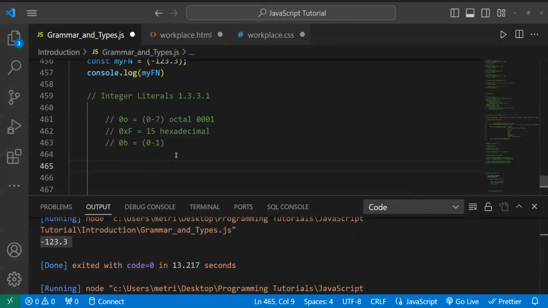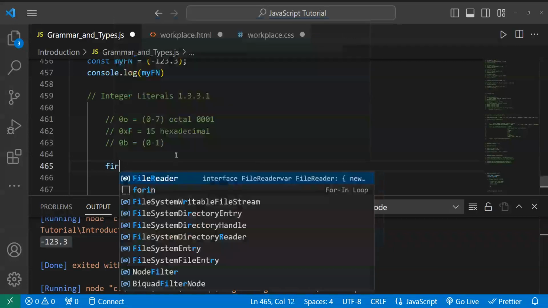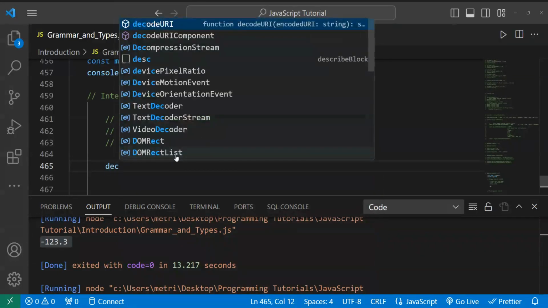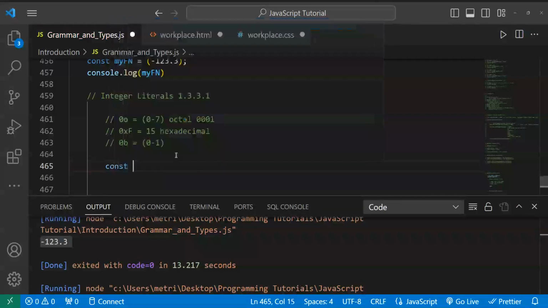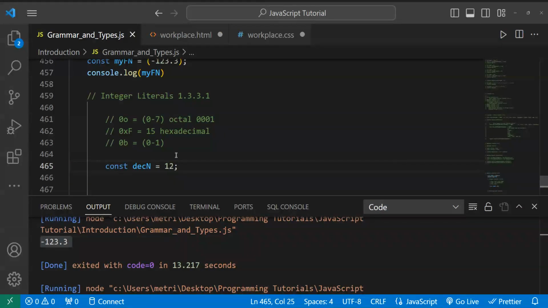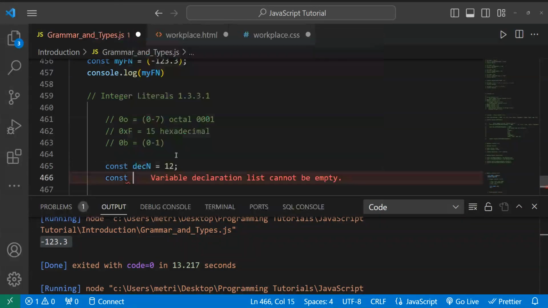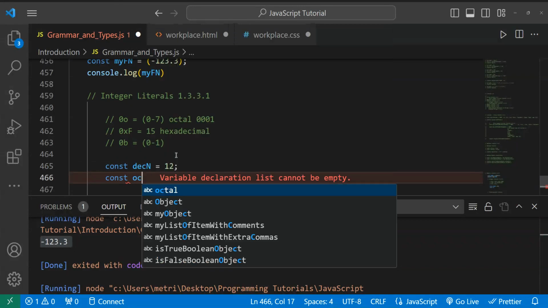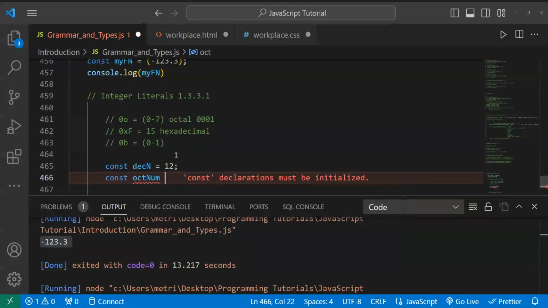First, let's say a decimal number: const decimalNumber equals, let's say, 11, okay, like this. Then const octalNumber, and we can put here what? As I have represented, we can call it with the lowercase o, right?